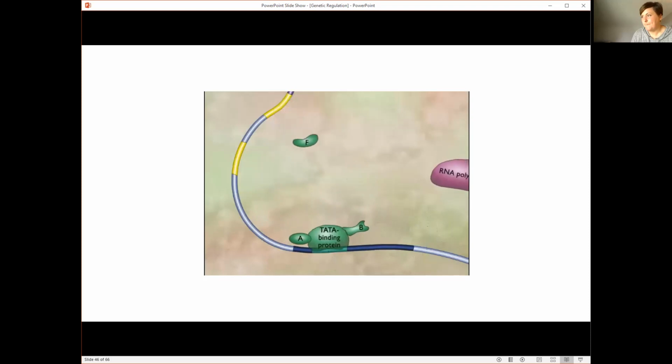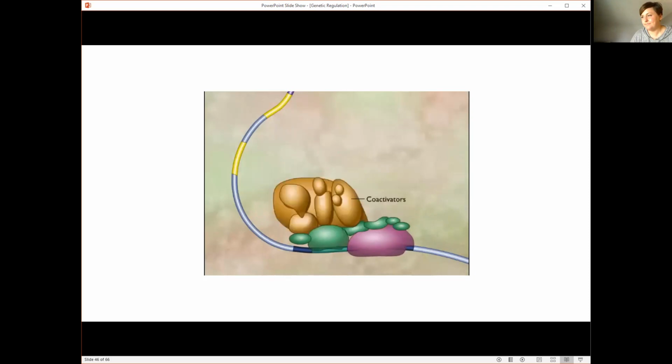Other basal factor proteins then bind, eventually forming a full transcription factor complex able to capture the RNA polymerase. Basal factors are essential for transcription, but cannot by themselves increase or decrease its rate. A second set of transcription factors, called coactivators, link the basal factors with a third set of transcription factor proteins called activators.